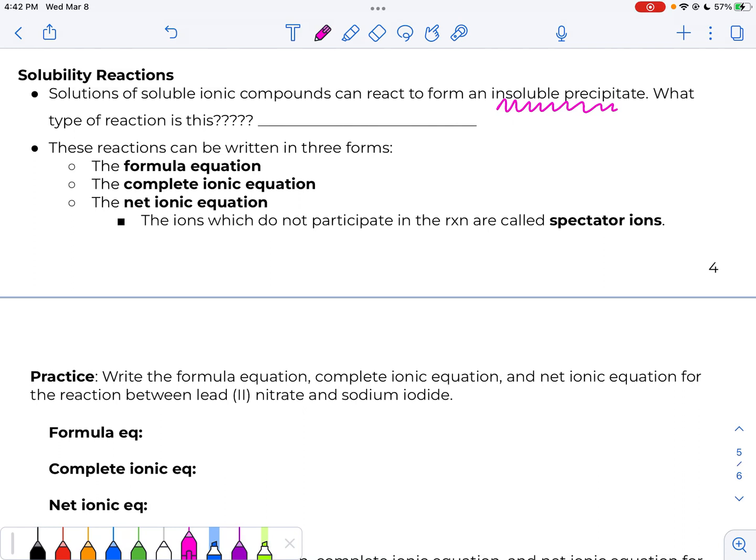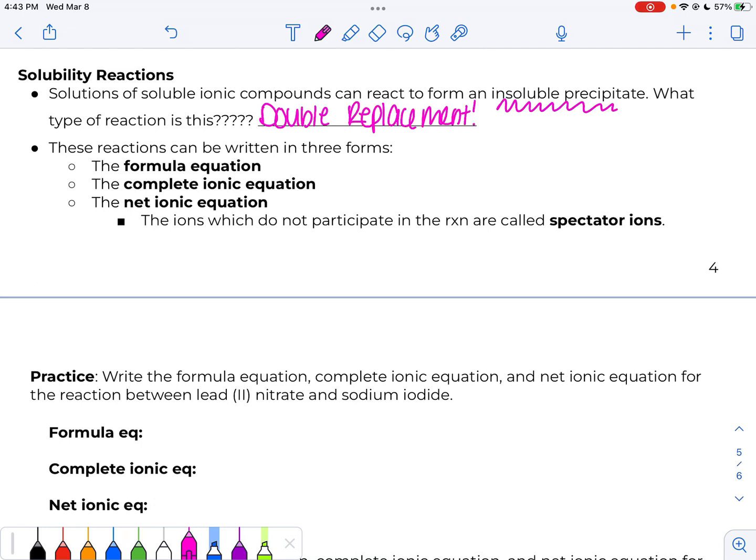Two aqueous compounds form something that's aqueous and something that's solid. What type of reaction is that? Everybody screams double replacement reactions. So you're already good at these because you've already done a ton of these.